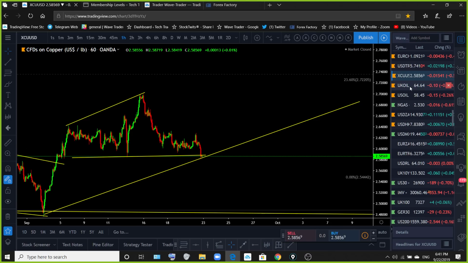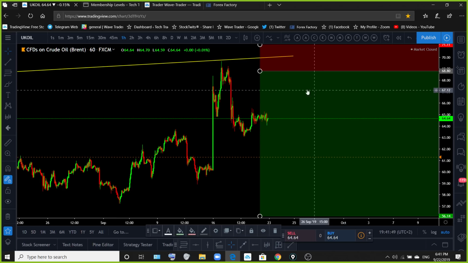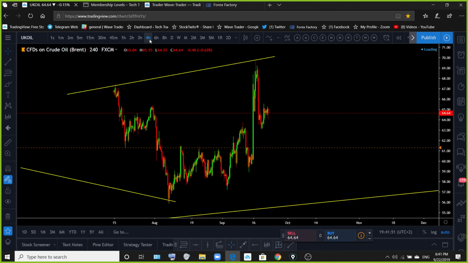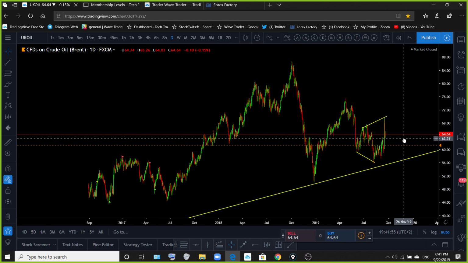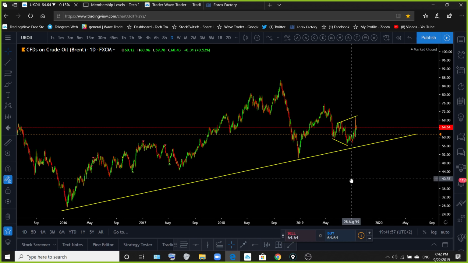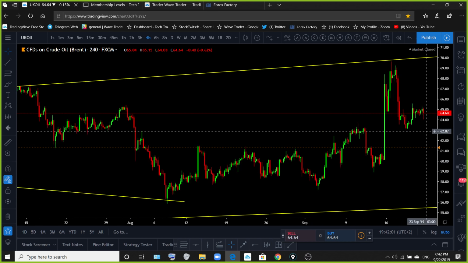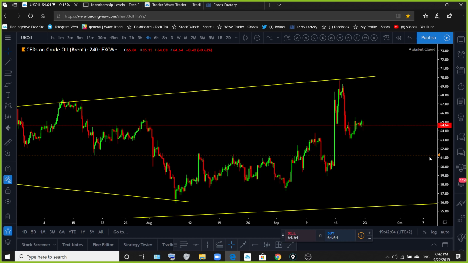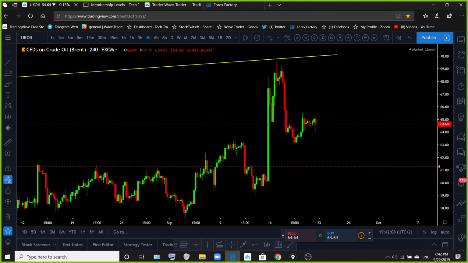So you have oil. Oil can get back to the previous high, and oil is going to stay sideways for a while before you have a direction on it. So oil to go down next week. This correction, let's go straight to the lower time frame.